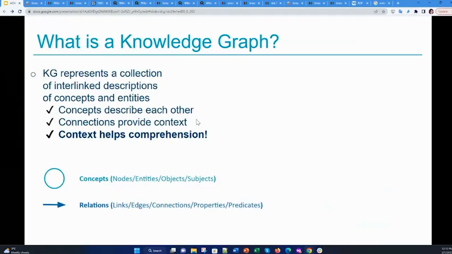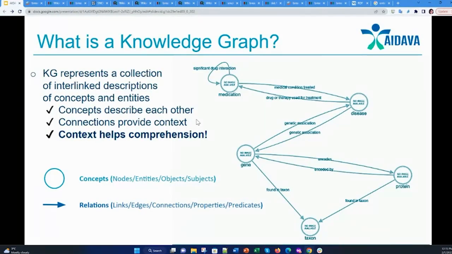And for knowledge graphs, we have concepts which we usually present with different geometrical shapes when we're visualizing the knowledge graphs. In this particular example, we're using circles, but for previous examples, the concepts were presented by rectangular shapes.